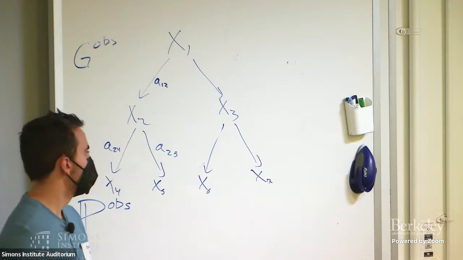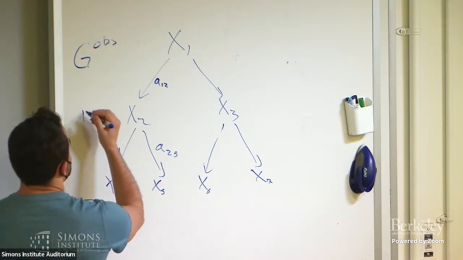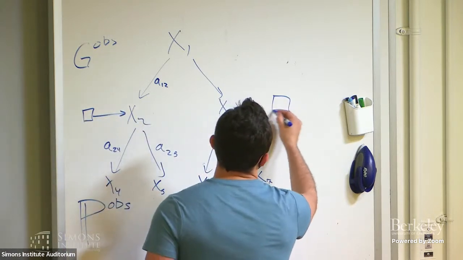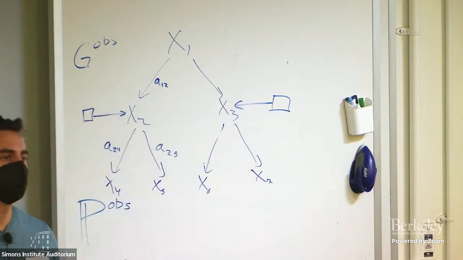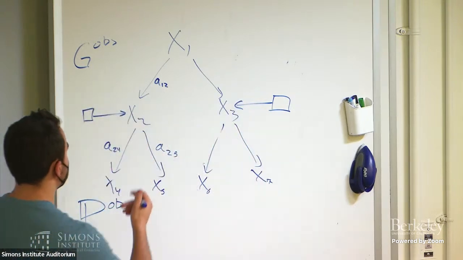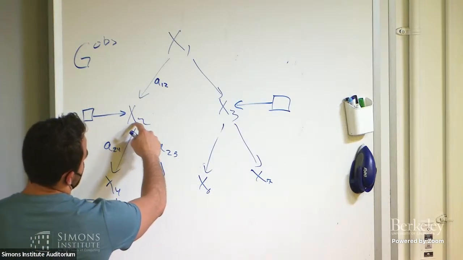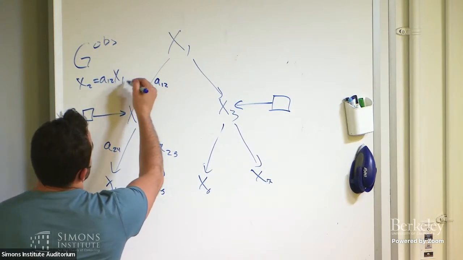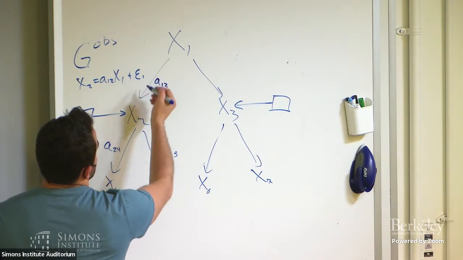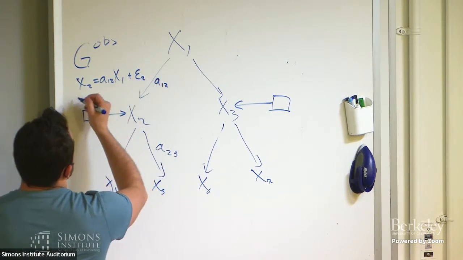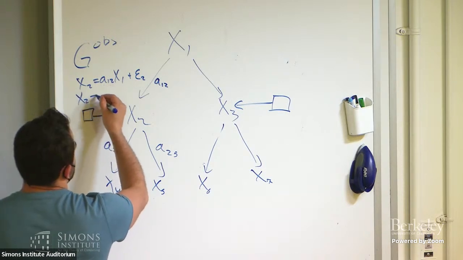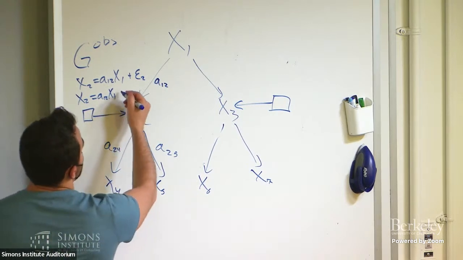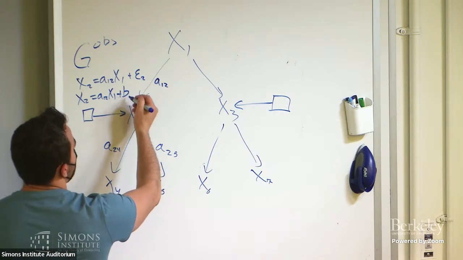And then we assume that the target is generated by performing shift interventions at some set of nodes. A shift intervention says, I'm changing your equation so that instead of x2 equal to a12 x1 plus whatever noise you have here, you still have the same dependence on your parent, but there's this additional bias term.